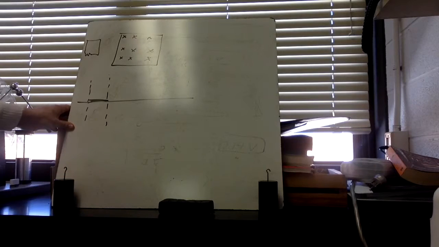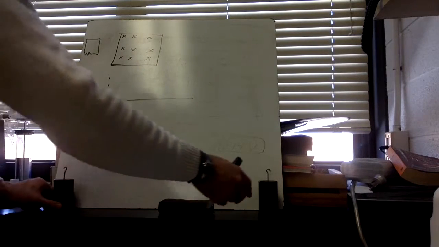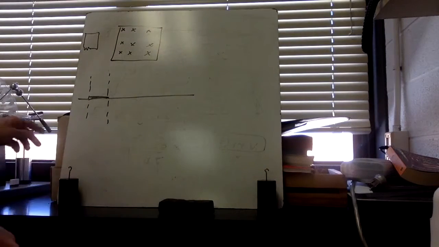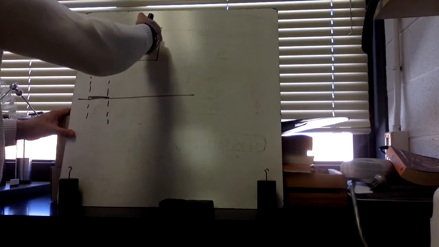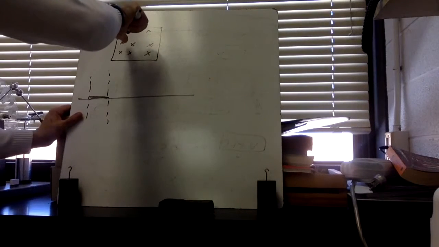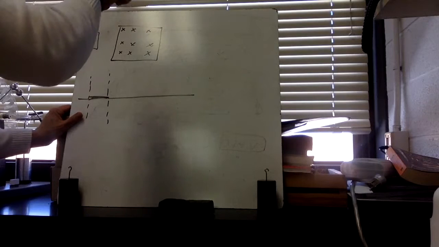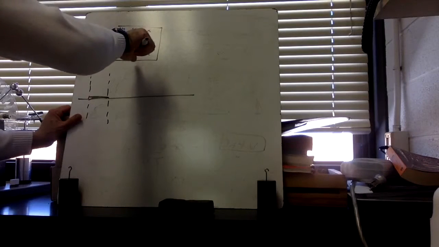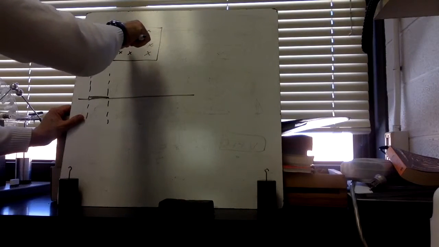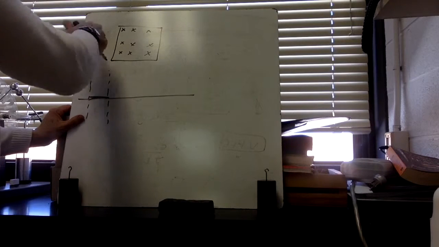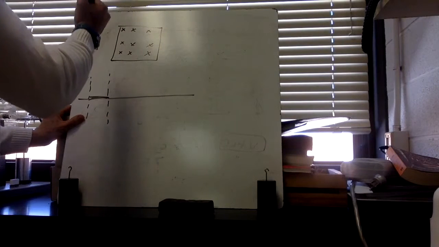Actually, let's look just in terms of current for now. So there's no current being induced. But once it reaches this point, now we have a magnetic field inwards, and the flux is increasing into the page. And so as a result, this is going to produce a current coming out of the page.